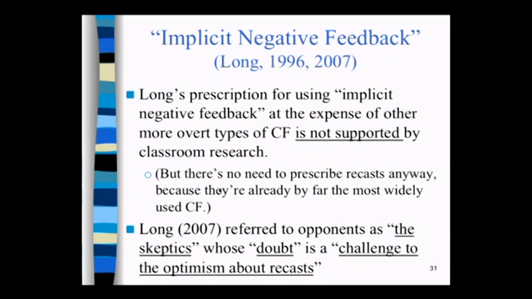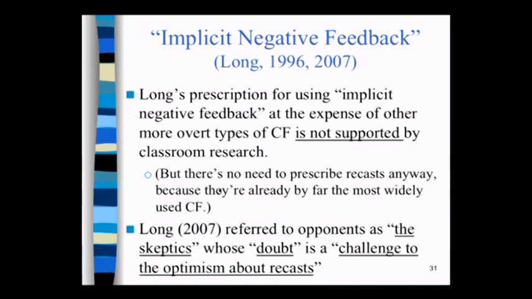Okay, so basically what I would like to say is that the way Long has framed the interaction hypothesis, this idea of implicit negative feedback and the importance of implicit negative feedback in interaction, is not supported by classroom research. And I think it's time to move on from the notion of focus on form.